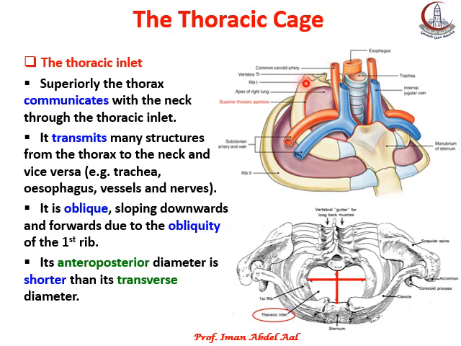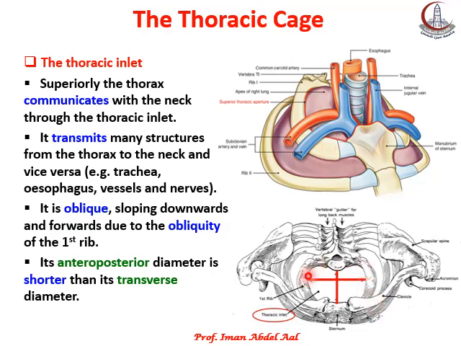The inlet is oblique, it's not directly transverse, so it's sloping downwards and forwards due to the obliquity of the first rib. Why? Because the first rib doesn't lie transversely, it lies obliquely.